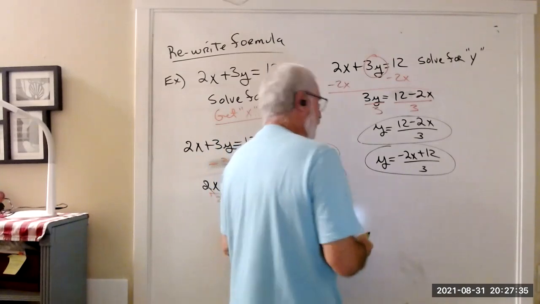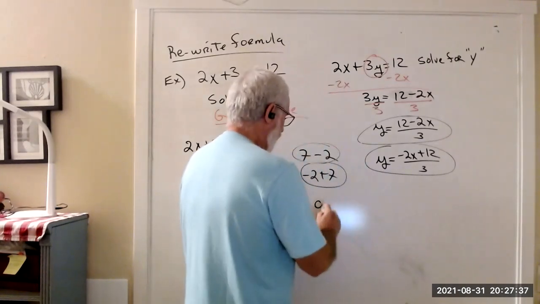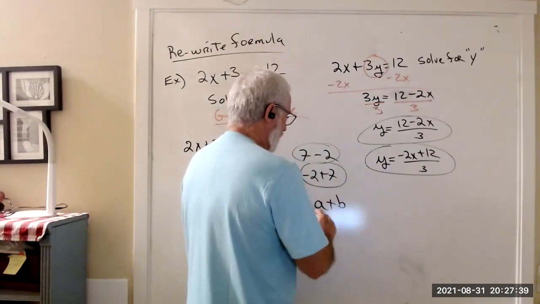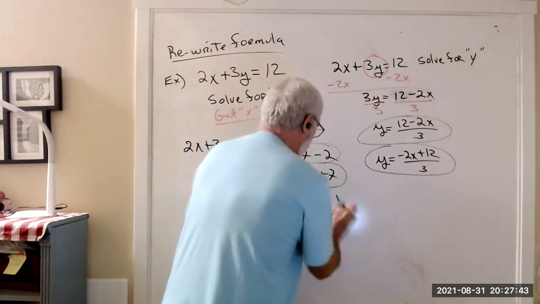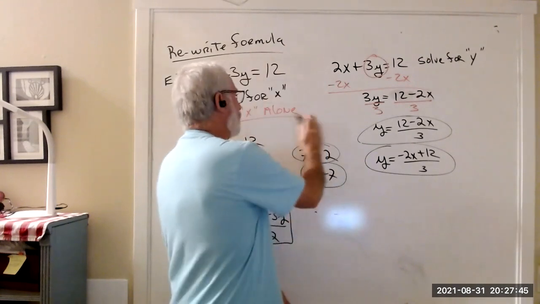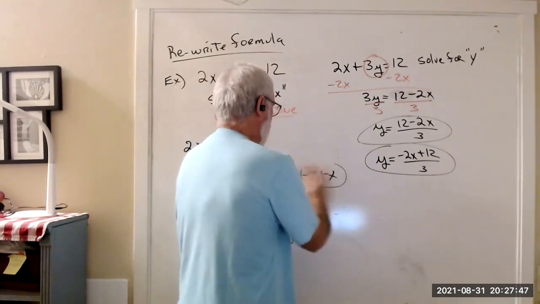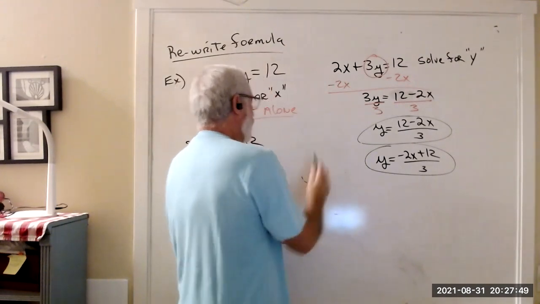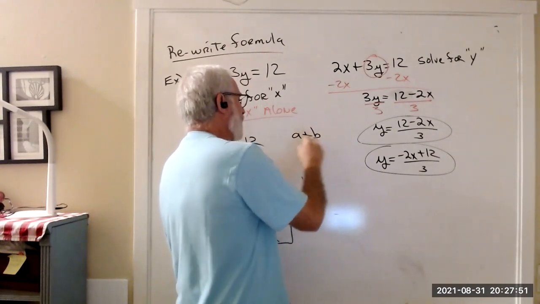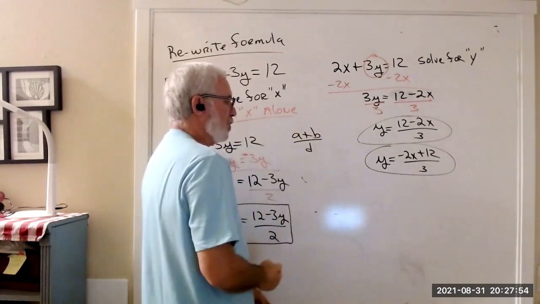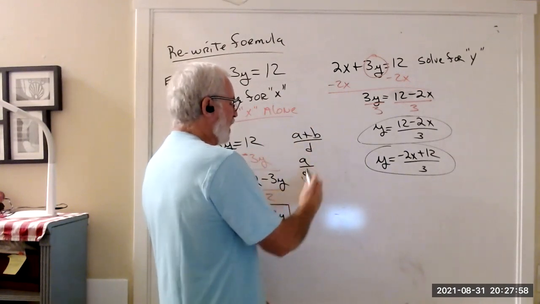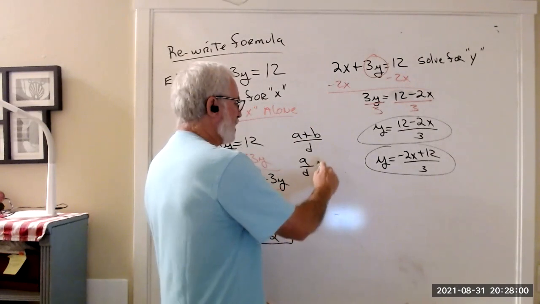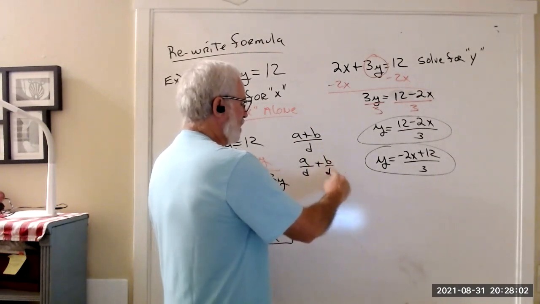According to our rules for fractions, if you had a plus b over d, the d can divide both pieces, a over d, b over d.